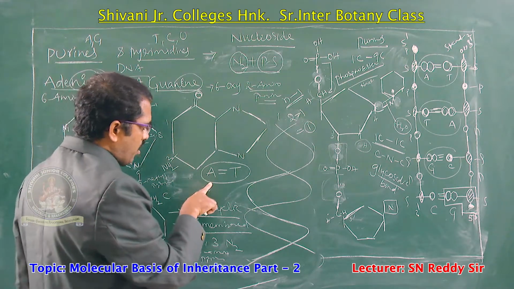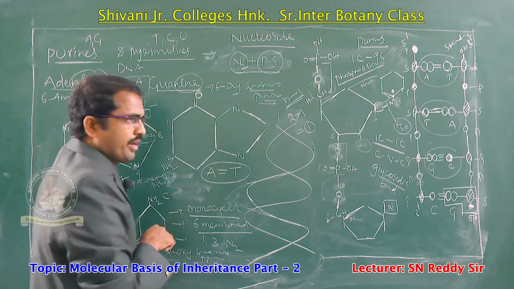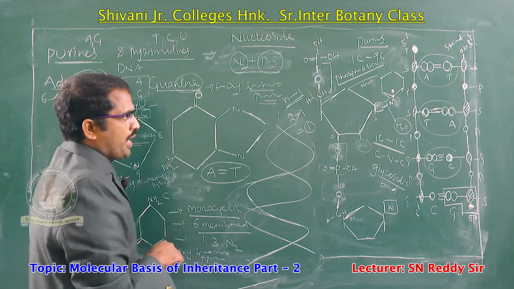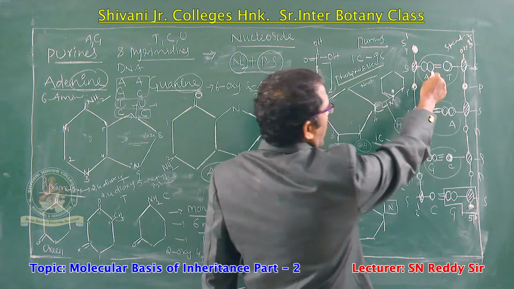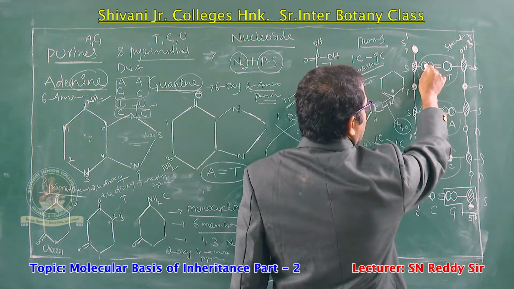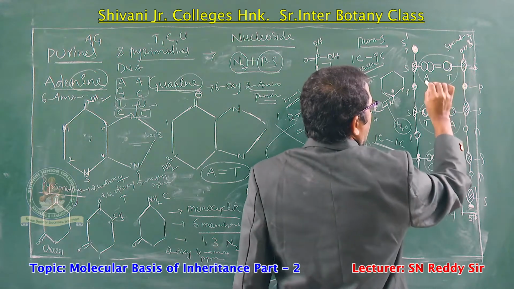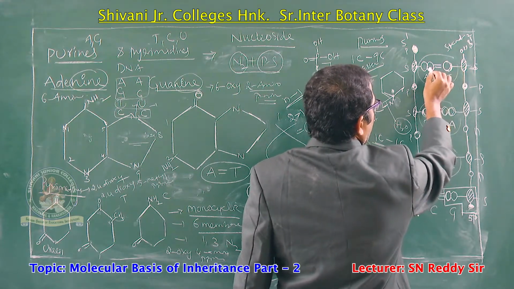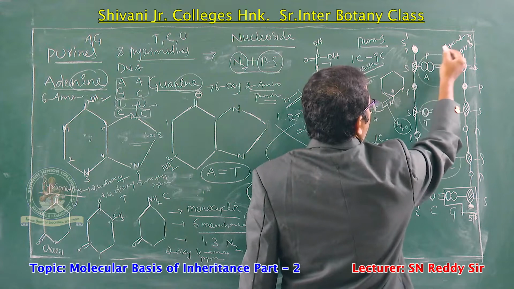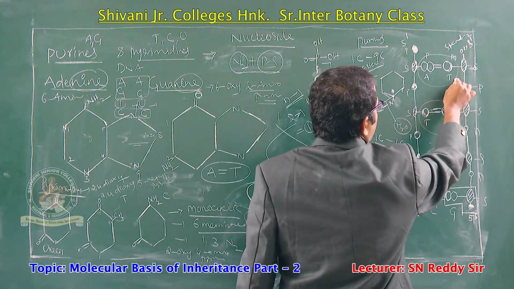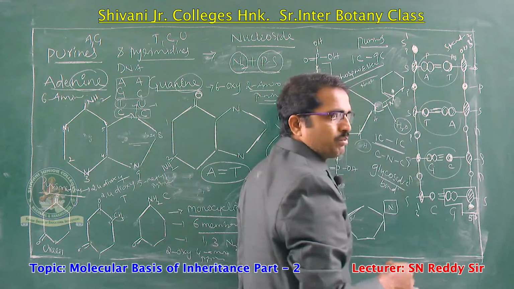Adenine pairs with thymine with two hydrogen bonds. Adenine is a heterocyclic ring. Pyrimidine is a single ring or monocyclic compound. Adenine, purine; thymine, pyrimidine. Adenine makes a bond with thymine with two hydrogen bonds.